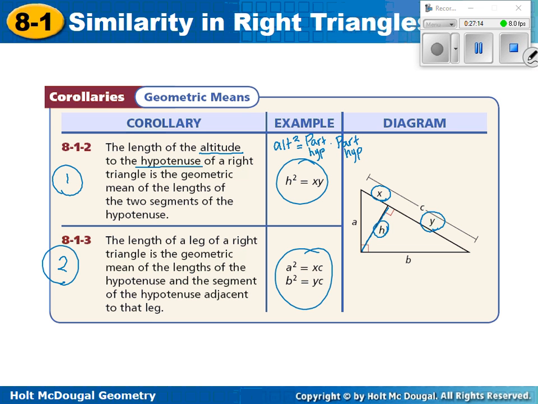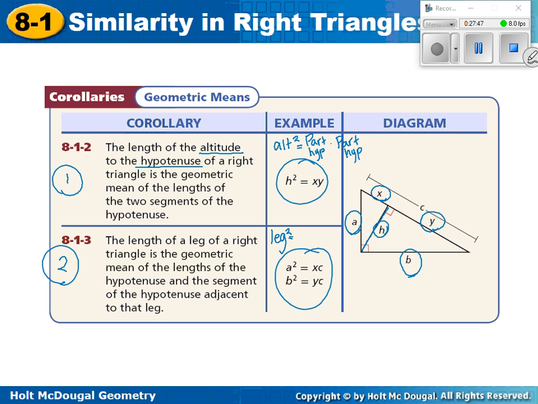So everybody with me on that first shortcut. So you can take this altitude and square it and set it equal to this times this. Every time if it's a right triangle with an altitude drawn. That's your shortcut. Second shortcut is this one down here. Notice there's 2 options because there's 2 different legs. This shortcut says leg squared will equal, so if I'm looking at A, that's a leg, or if I'm looking at B, that's a leg.